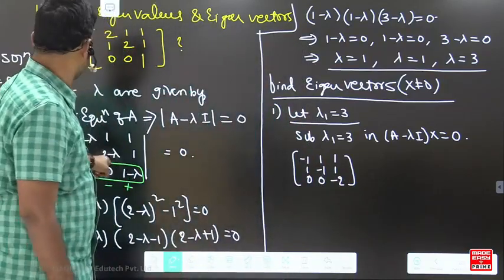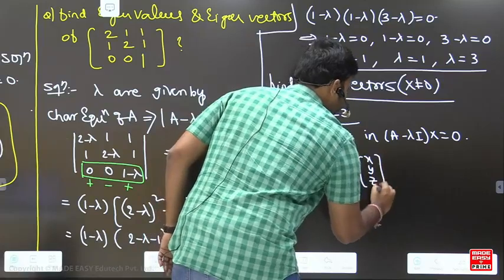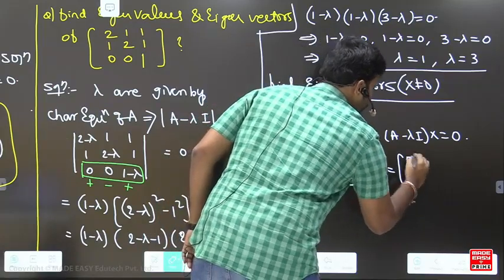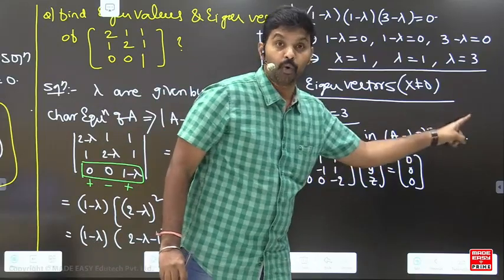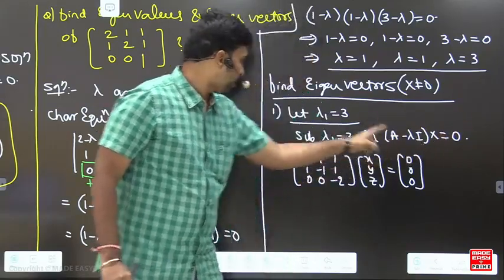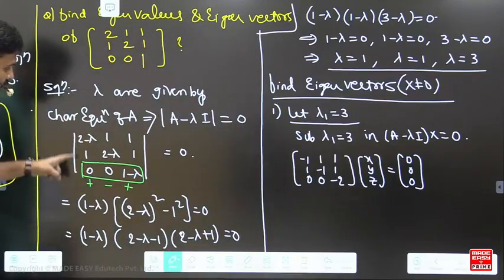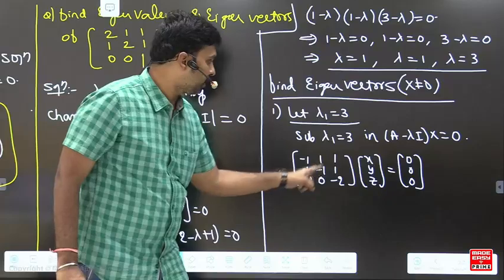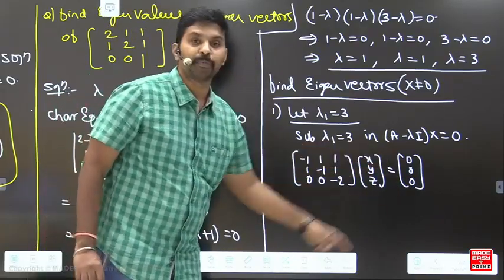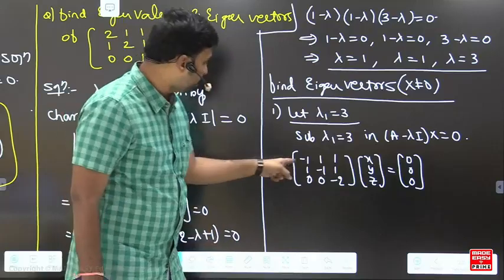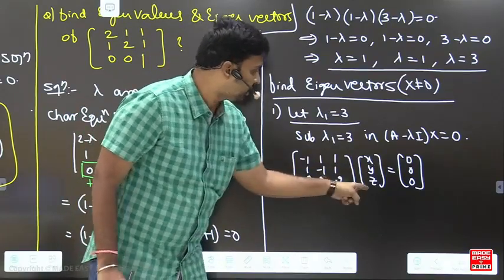Right? Put lambda equal to 3. Then into x, y, z is equal to 0, 0, 0. So this is the (A minus lambda I) homogeneous system for lambda equal to 3. Substitute lambda equal to 3 in A minus lambda I, so that you are getting this into x equal to 0. Now, how many equations will we have? 1, 2, then 3.